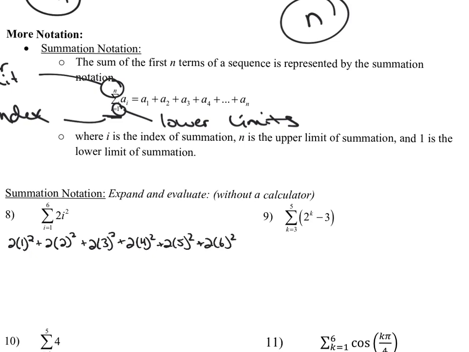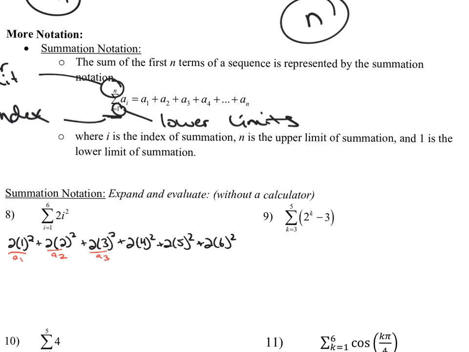Each of these individual expressions, this is a 1, this is a 2, this is a 3, so these would be the numbers in the sequence, but now we're being asked to add them all together. So we'll just go ahead and start doing some evaluations.